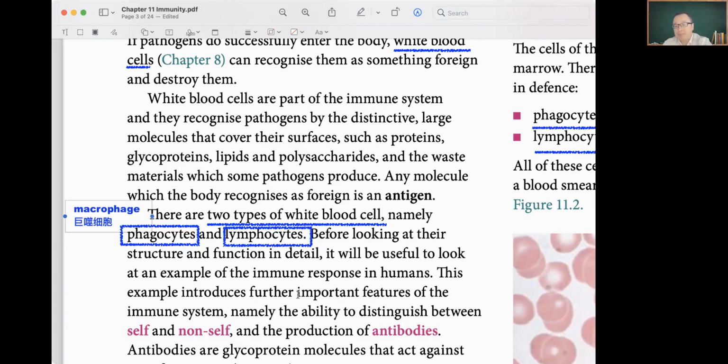So lymphocytes and phagocytes are two types of white blood cells.